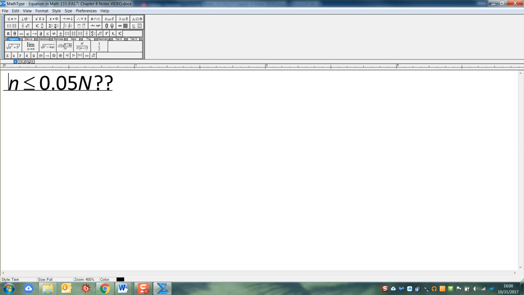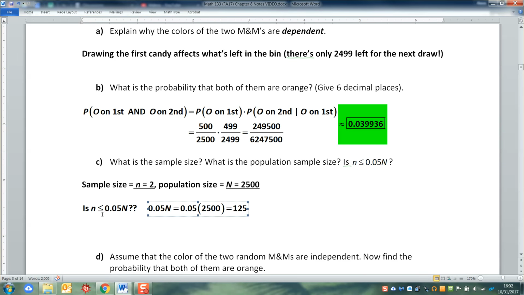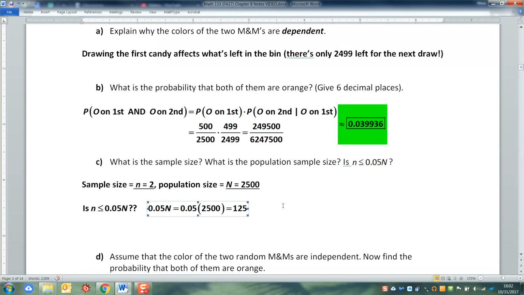Well, little n is 2. 0.05 capital N is 0.05 times 2,500, which is 125 with a calculator, and 2 is less than that.